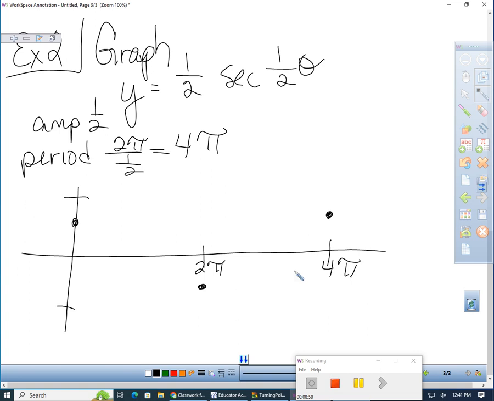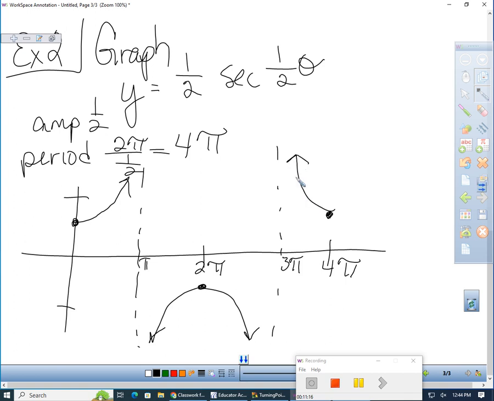What do we put between those dots? Vertical asymptotes. Very good. Vertical asymptotes are right in the middle, in this case at pi and 3 pi. And then we approach our asymptotes. From this dot, we go to the right. From this dot, we go both directions. And from this dot, we go to the left.